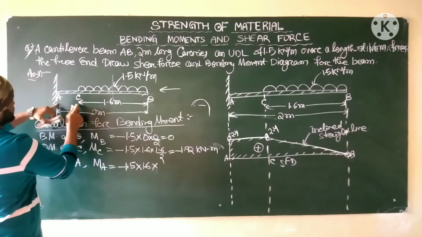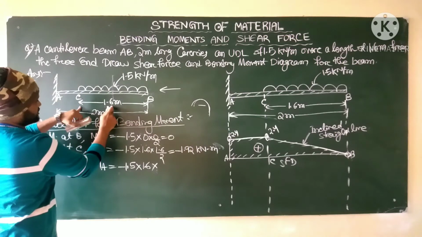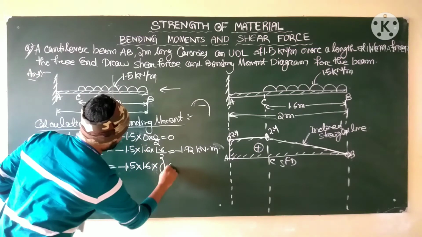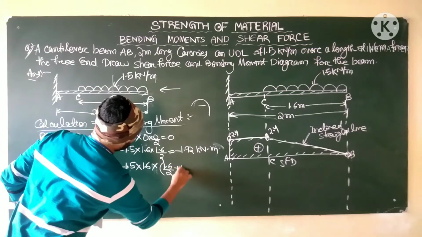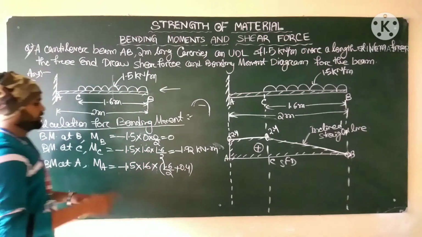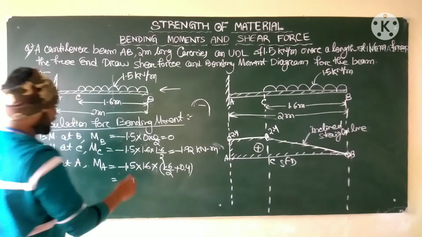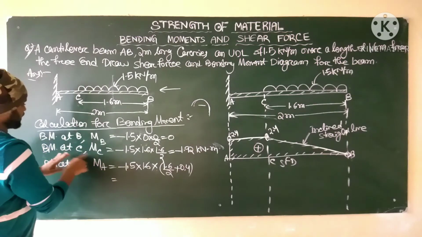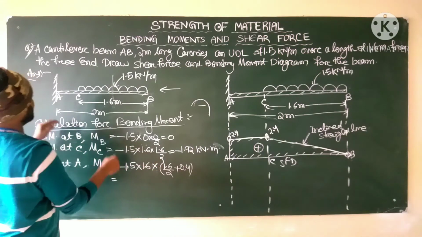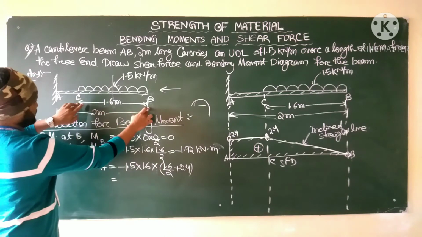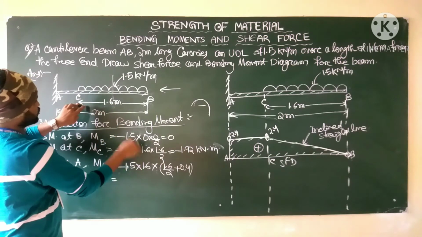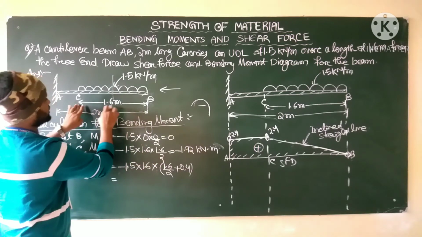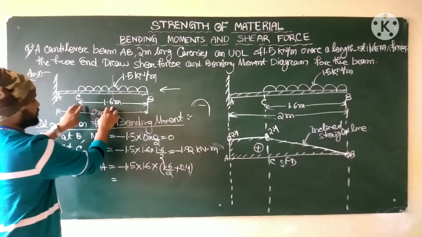Here the distance is 0.4 and the distance to the middle of the UDL is 1.6 by 2. So the total distance is 1.6 by 2 plus 0.4. Again, I want you to understand that at the point C, how you calculate the bending moment distance? So at point C, load is 1.5 into total distance is 1.6 into the half of the distance, that is 1.6 by 2, half of the distance.